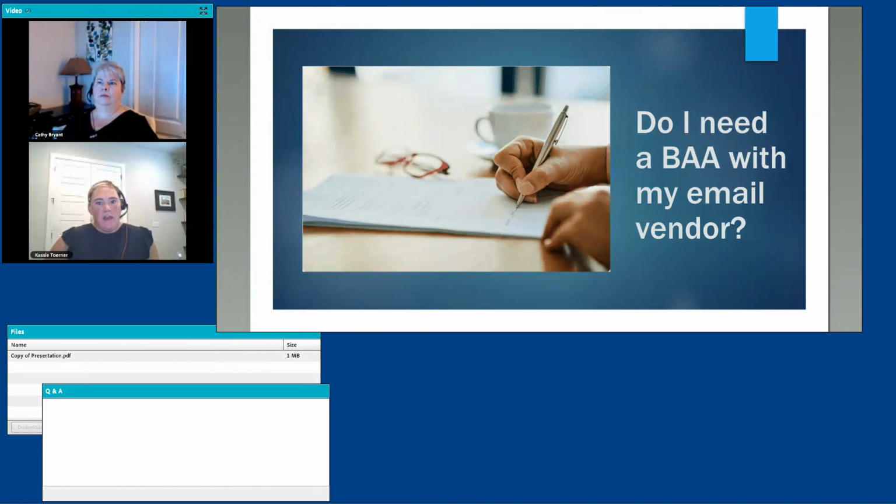And do I need a BAA with my email vendor? Yes, you would need a BAA for your email vendor. In light of what I was mentioning earlier about the free email services, those services you're not going to be able to get a BAA with, which means they're less likely to be HIPAA compliant. So anyone that you work with, we know sometimes they may not sign your BAA, but you can get a BAA from that particular vendor, look over it and sign it and have something in place that's showing that you made an effort to get a business associate agreement with your vendor that's providing your email services to you or hosting your email servers.